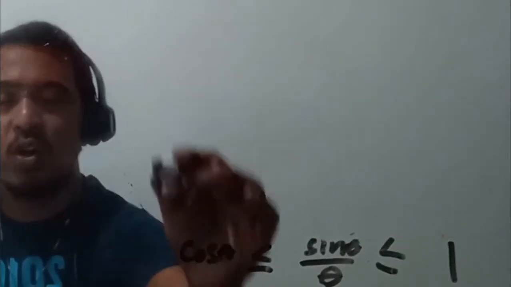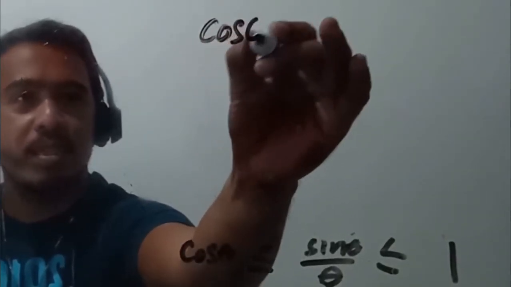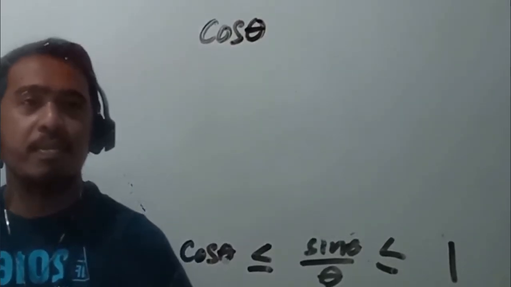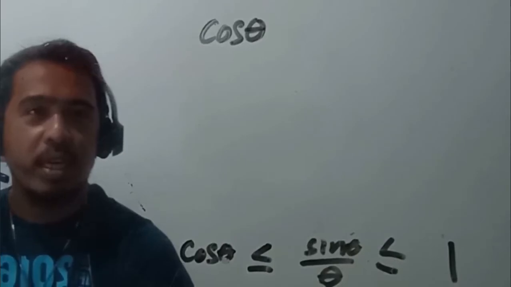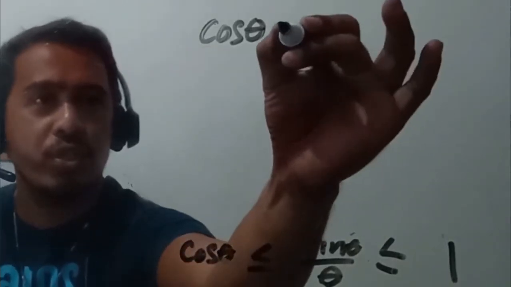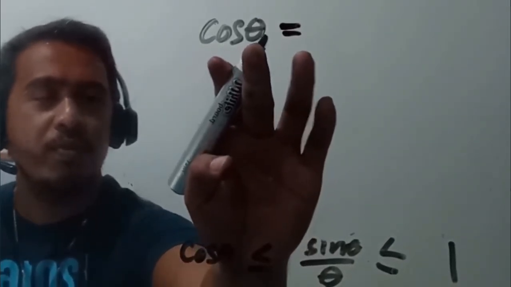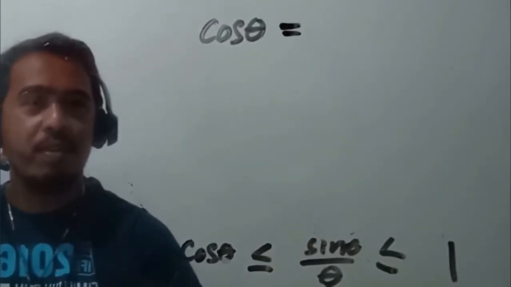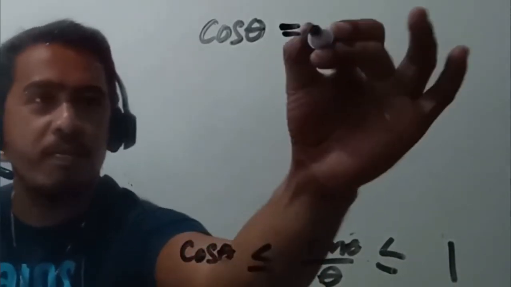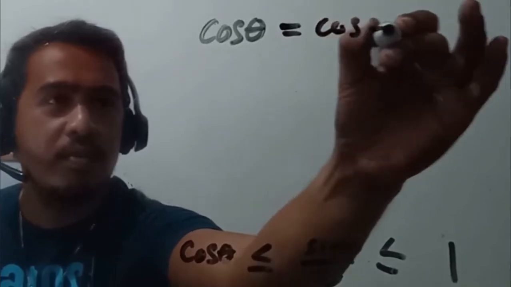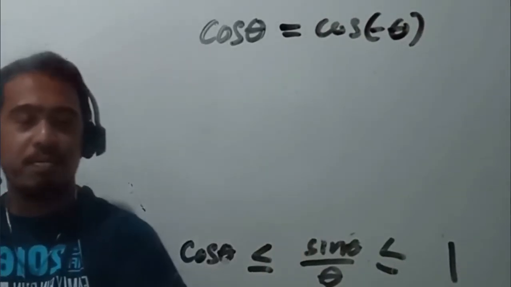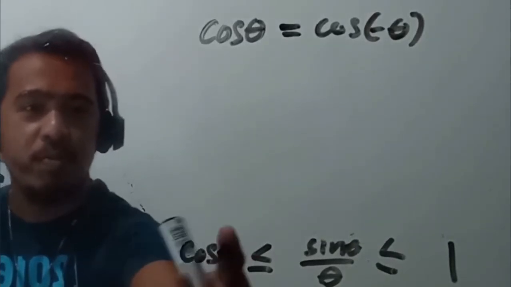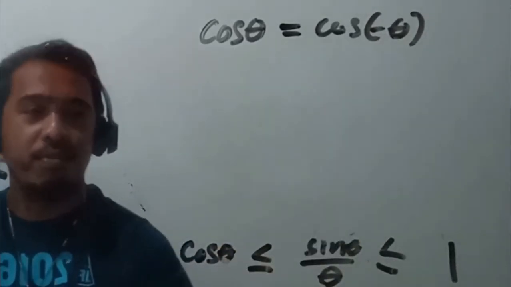Remember, cosine theta is an even function. If you change the value of theta by its negative, it is the same with the original. Means cosine of the negative theta is the same as the cosine of theta. So it means no problem here if we change this by negative.